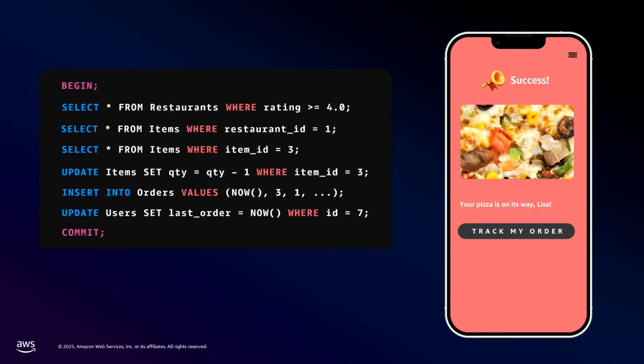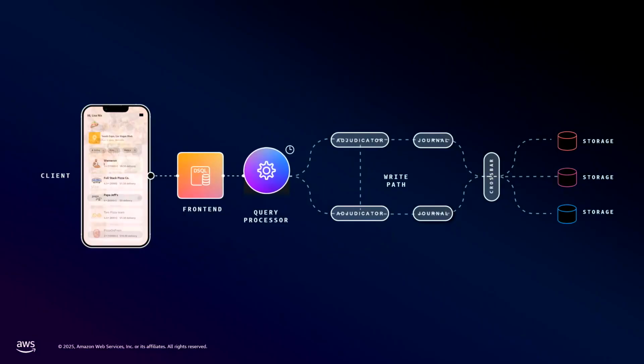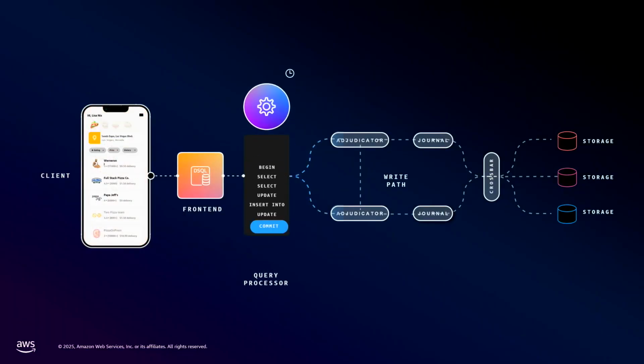In a traditional relational database, this would mean placing locks and doing checks on each statement of this transaction. But DSQL acts differently, because the query processor acts differently. The query processor acts as a holding tank for all the reads and also spooling all those writes locally.